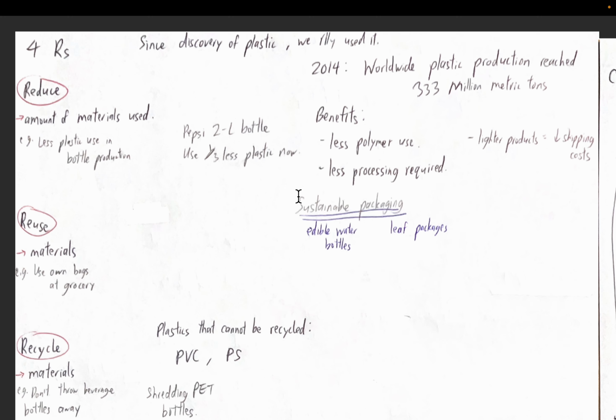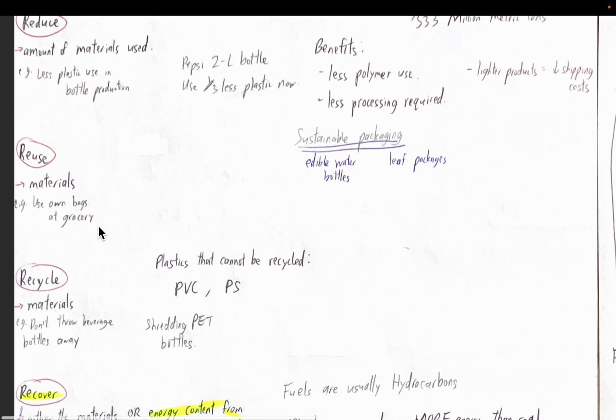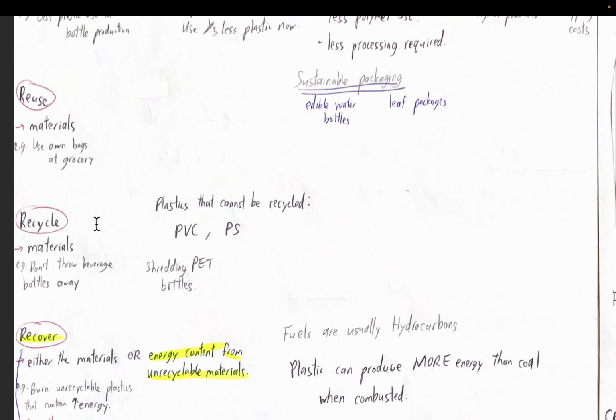Also, sustainable packaging, edible water bottles, although this is still being researched. Leaf packages, this is actually actualized in Thailand. Basically, use less plastic, if it's practical, then just do it.